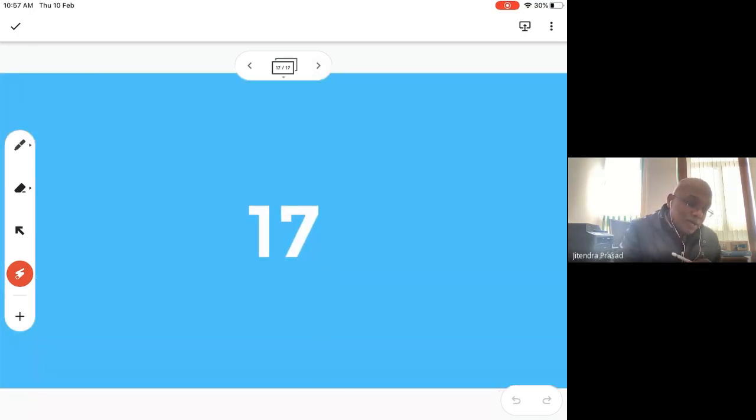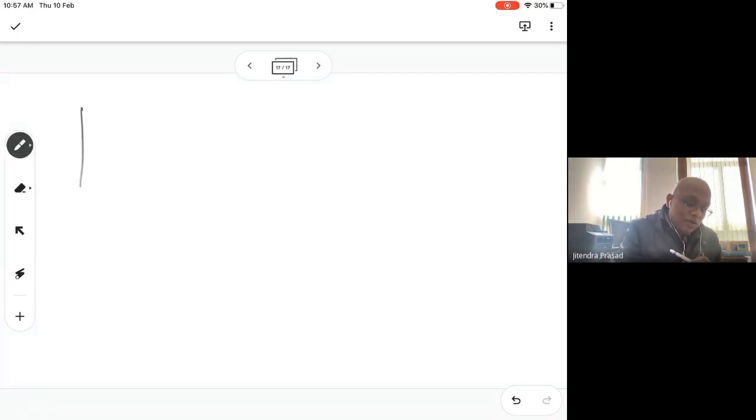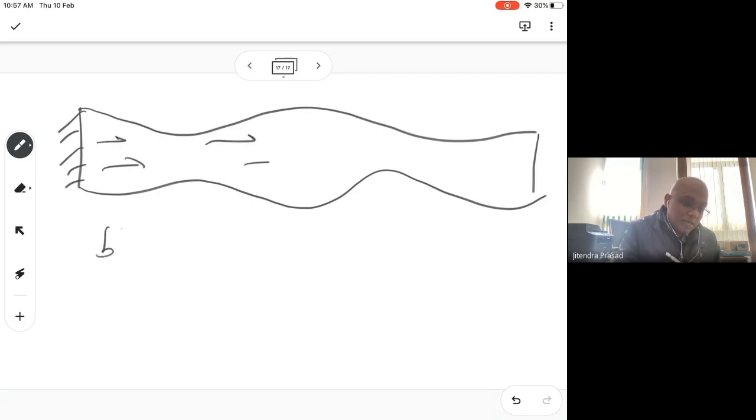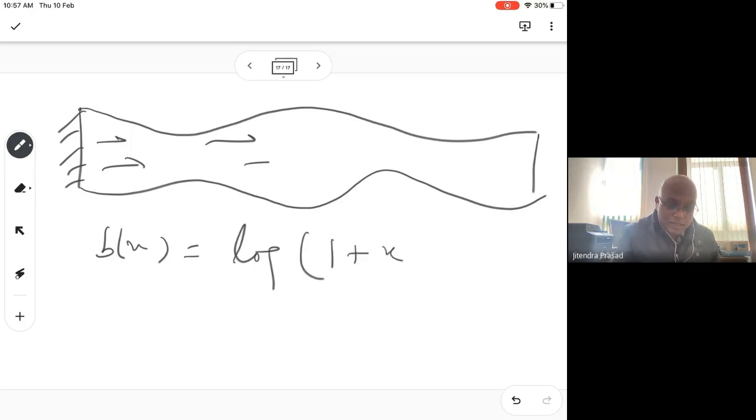Your example could be, let us say you want to solve a problem. I gave you a problem. Can you solve it? You tell me how to solve it. Here we have some body force bx equal to log of 1 plus x squared, multiplied by e to the power beta x.